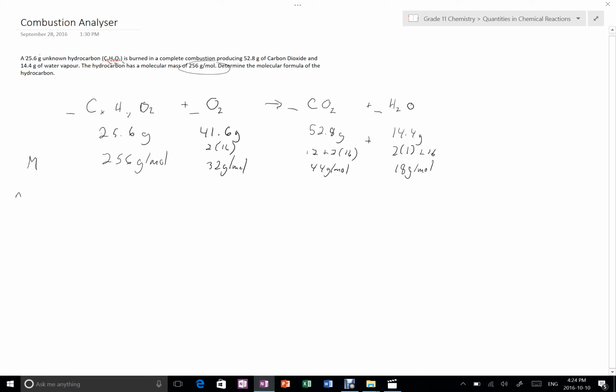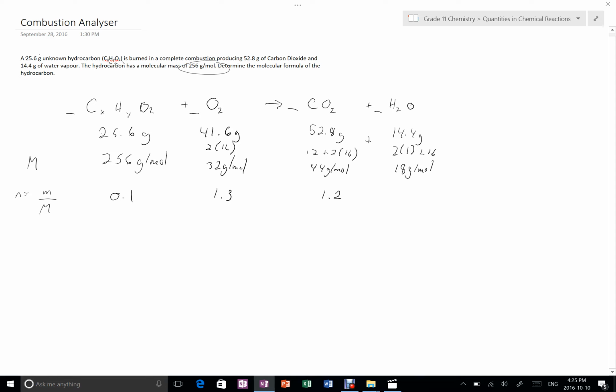So remember, moles is equal to our mass divided by our molecular mass. And so we can find the ratio of the actual moles involved in this particular sample. 25.6 divided by 256, that one's pretty easy, 0.1. 41.6 divided by 32 gives us 1.3. 52.8 divided by 44 gives us 1.2.